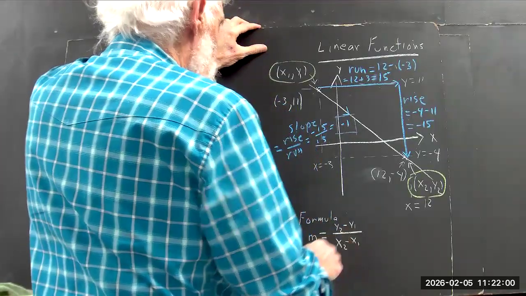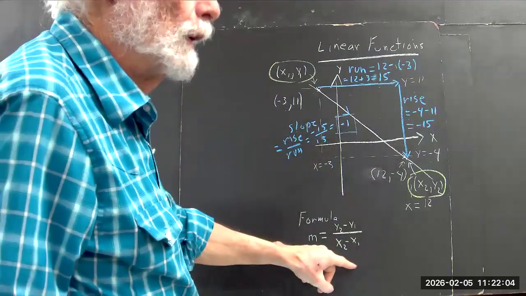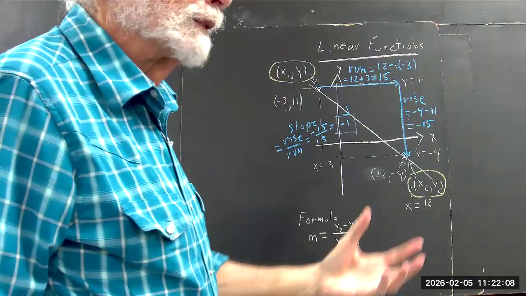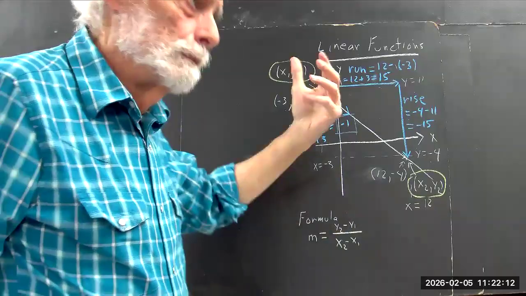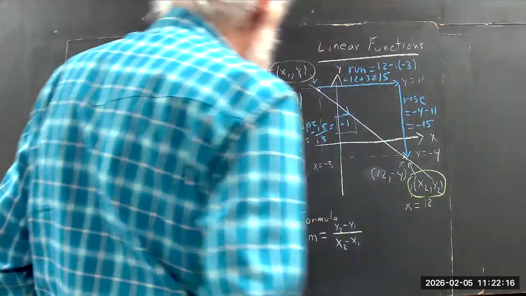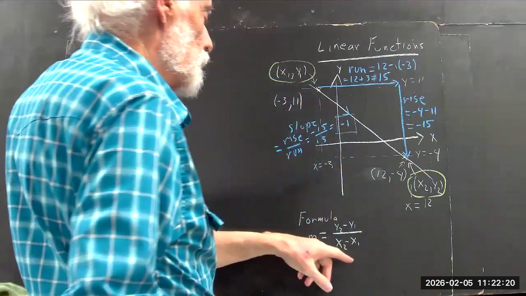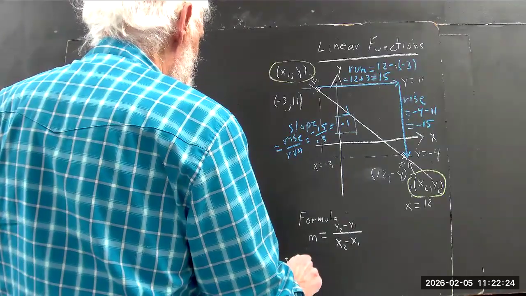but I strongly advocate that you understand this picture and understand what this formula is telling you rather than using the formula mindlessly, which gives you no real feel for what the slope is telling you. Okay? So there's a formula. M is the slope.